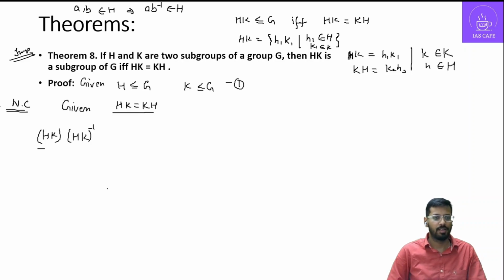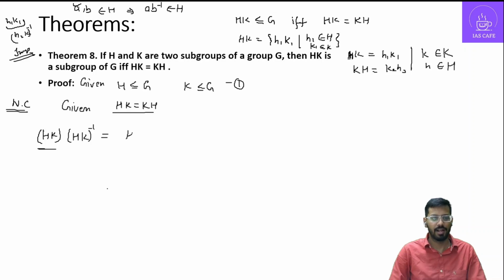So similarly we are taking A as capital HK. ठीक है. कैपिटल HK मतलब स्मॉल H1 K1, ये एक एलिमेंट है. सेकेंड is HK, उसका इनवर्स, that is H2 K2, इसका इनवर्स ले लीजिए. ठीक है. So we will take two elements A as HK and B as another HK.